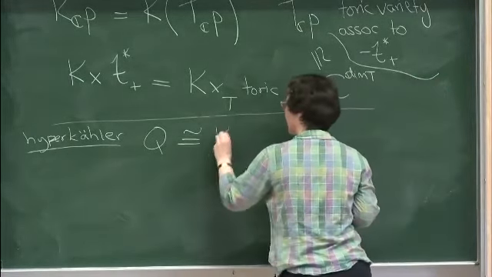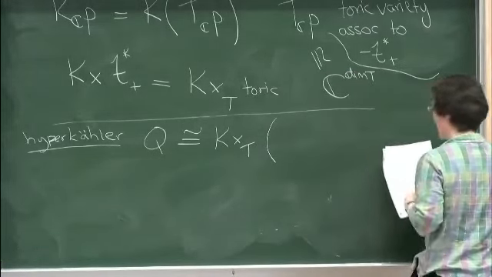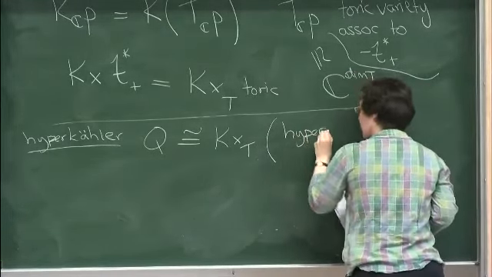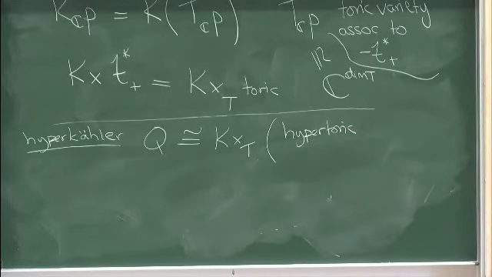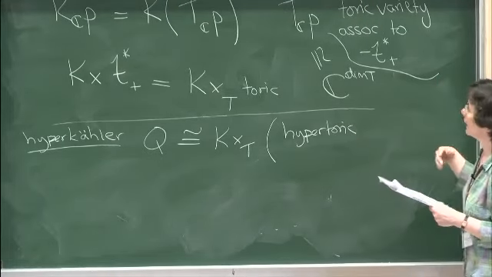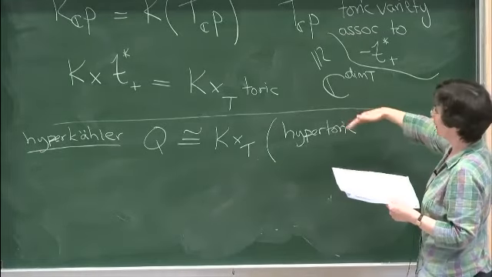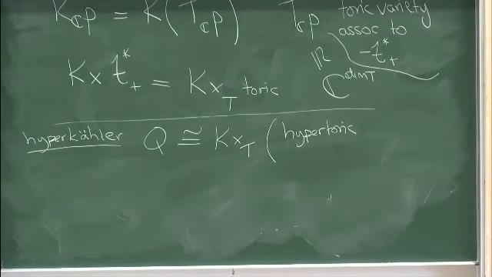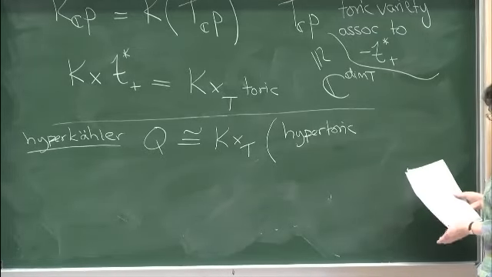We can write it as K cross T, cross sub T, and then instead of taking the toric variety associated to the positive Weyl chamber, we look at the hypertoric variety. This is a Hyperkahler thing, which is supposed to be associated to an arrangement of hyperplanes. What we use is the arrangement of hyperplanes given by the root spaces in the Lie algebra of the maximal torus. That gives us a nice hypertoric variety.